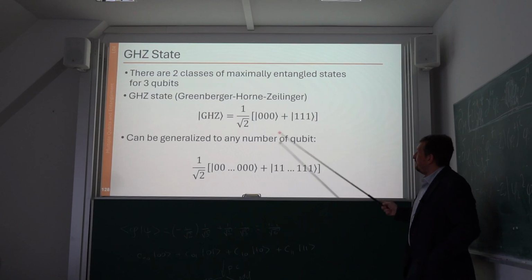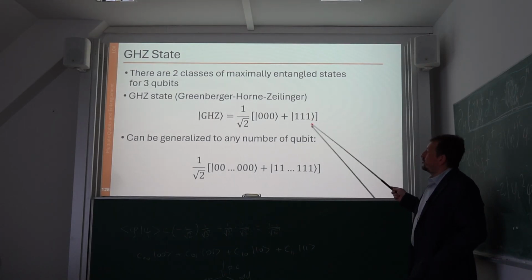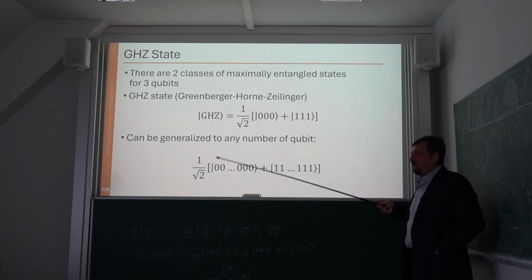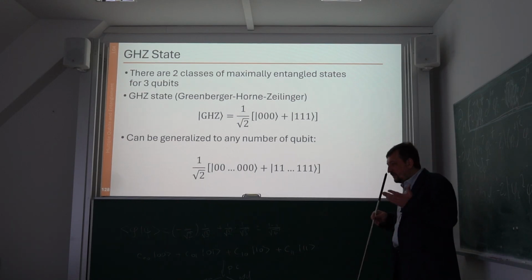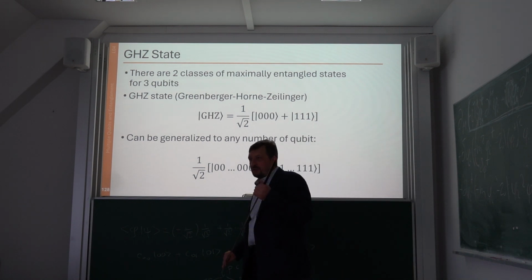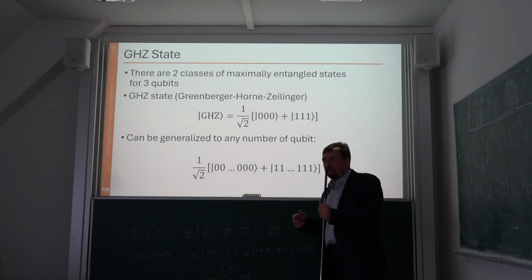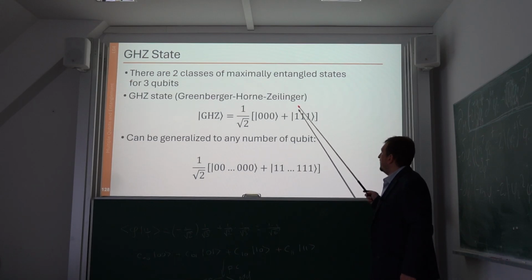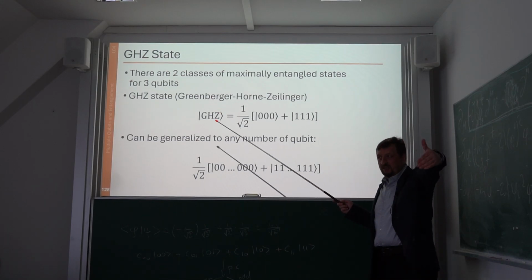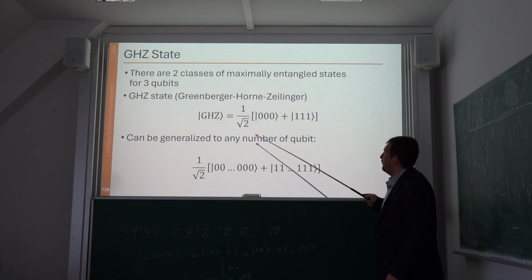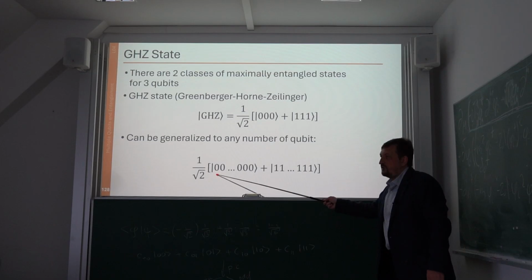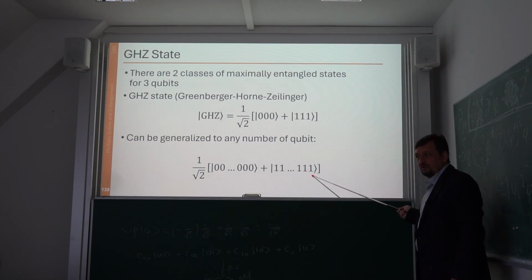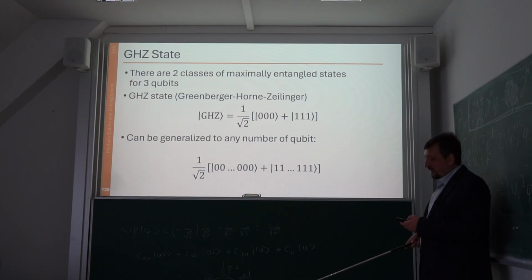It's an important state for quantum sensing, because you can achieve very high sensitivity of quantum measurements if you create a generalization of the state with many qubits, a combination of all zeros and all ones. So this is one such characteristic state.